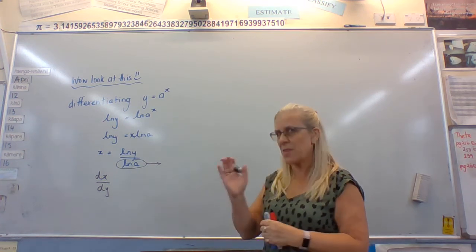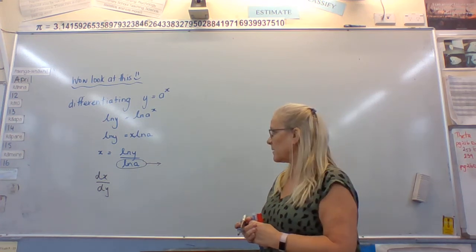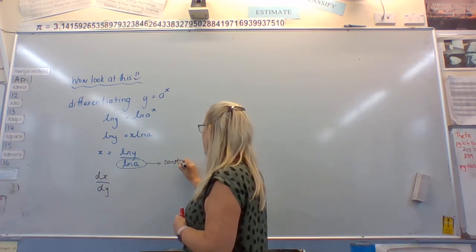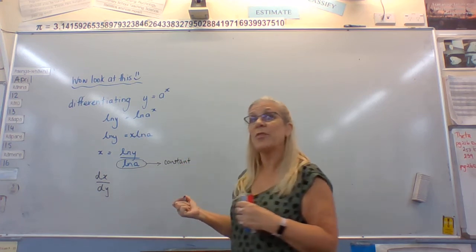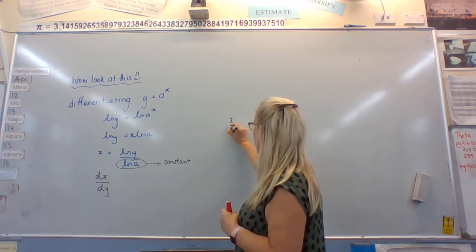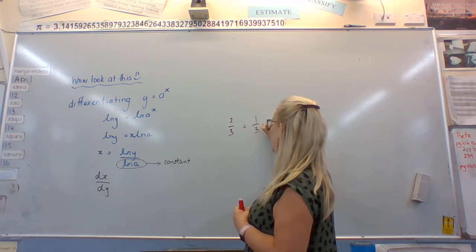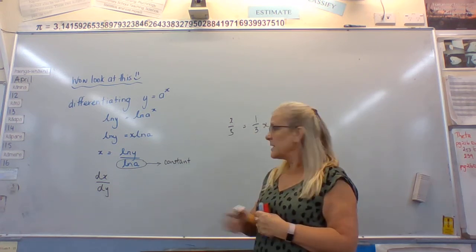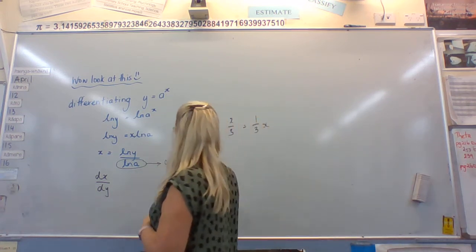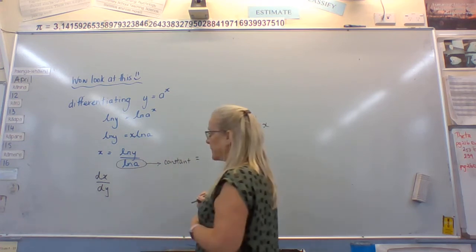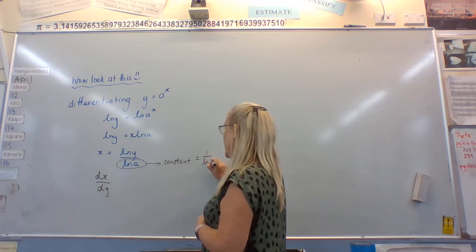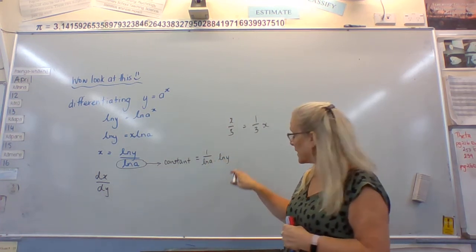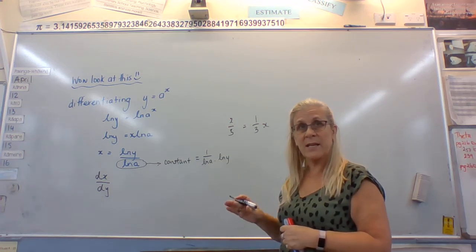So if that's a constant, when we differentiate something like x over 3, that's the same as a third x, and then we just differentiate the x and we end up with a third. So this is just 1 over ln of a, which is a number, times ln of y. We're differentiating that y. We're not differentiating the ln of a.